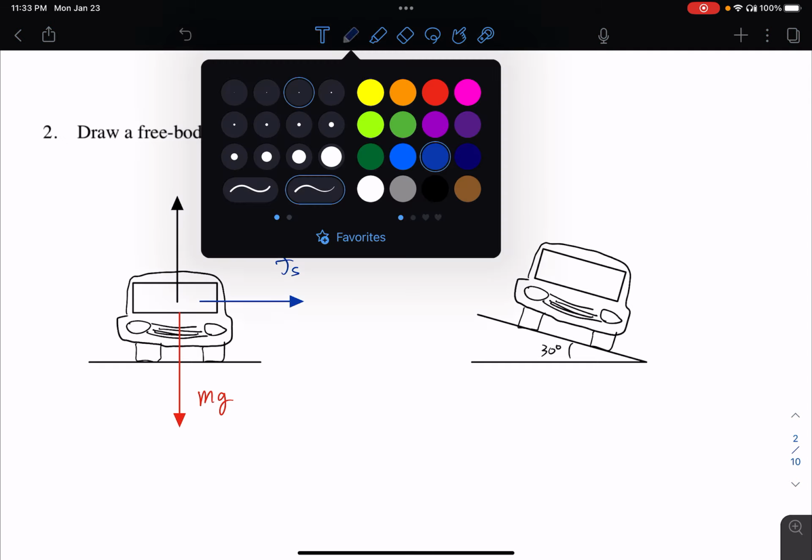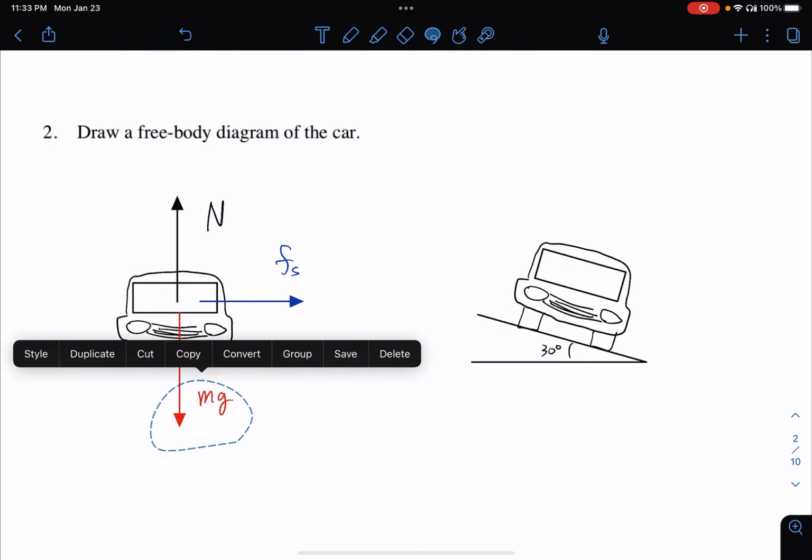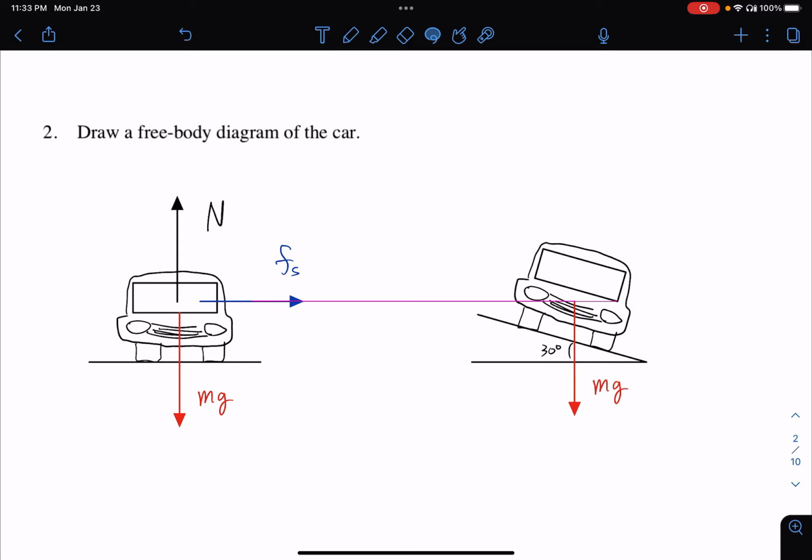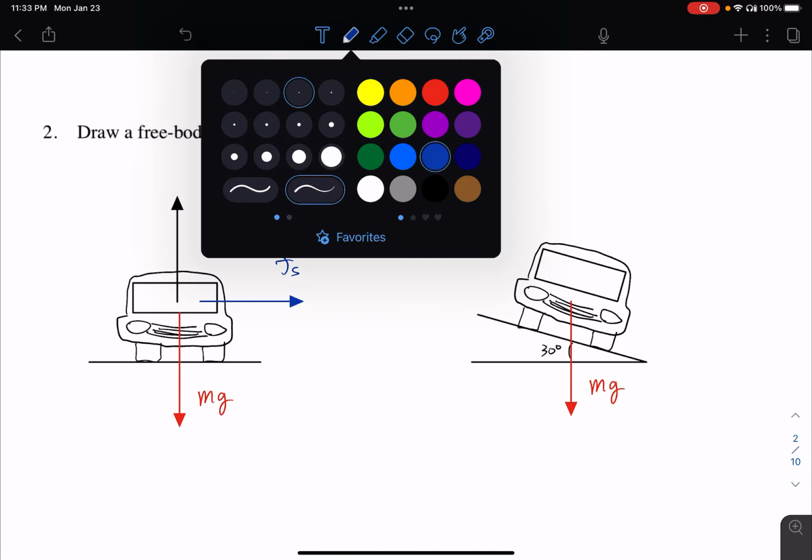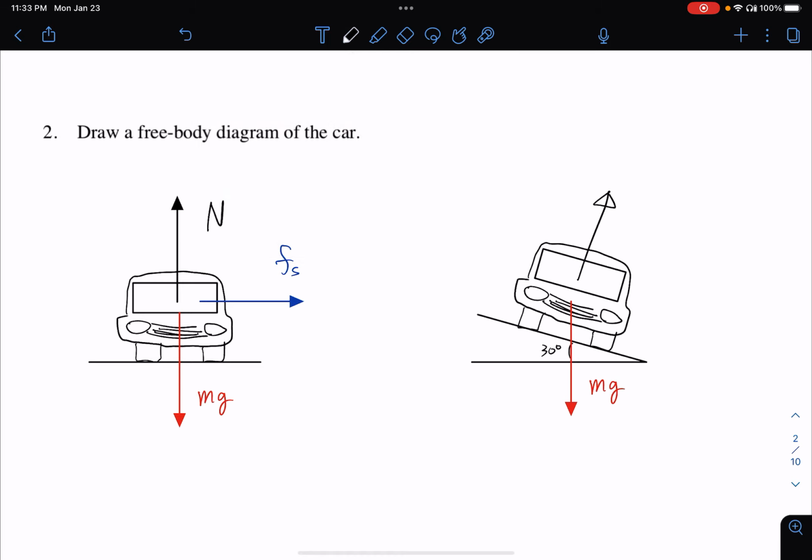The same thing happens here, but with some different directions. Gravity is still gravity, the same car has the same weight, so it doesn't change. But because the road has an inclined angle, the normal force is going to point toward the top right instead of upright. I'm going to add a bar to our normal force, so the normal force with a bar represents the normal force for this inclined scenario.